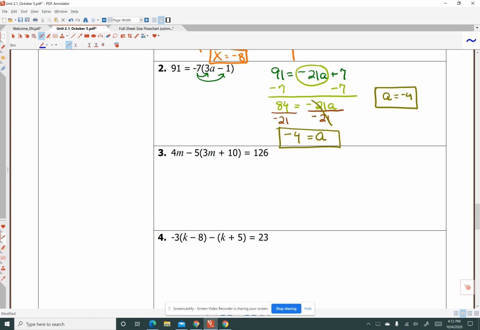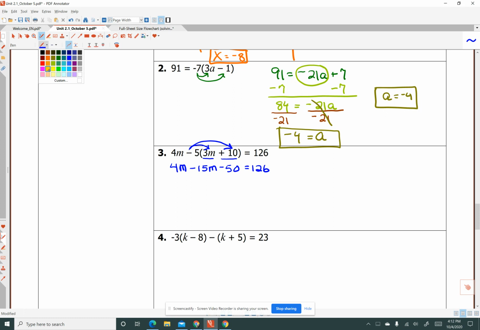We definitely need to distribute the negative 5 through the two terms within the parentheses, the 3m and the positive 10. So we start with 4m. Negative 5 times 3 is negative 15m. Negative 5 times positive 10 is negative 50, equals 126.